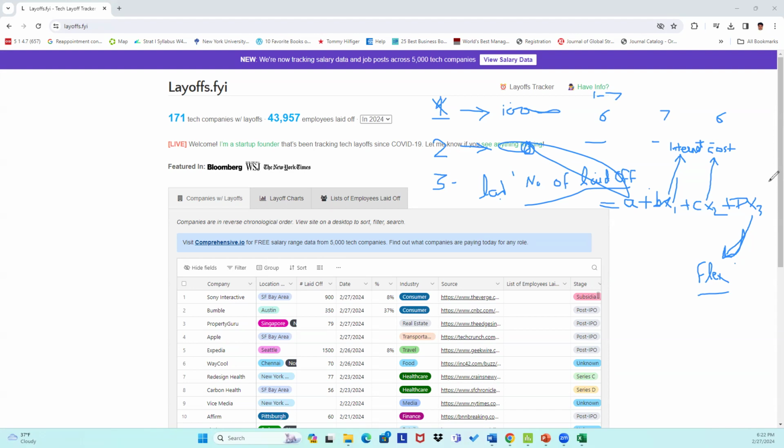Based on that, I will run the regression, interpret it and discuss. So basically this is a simple design for finding the reasons, and which reason is useful and which is not. We can conclude based on the regression analysis.